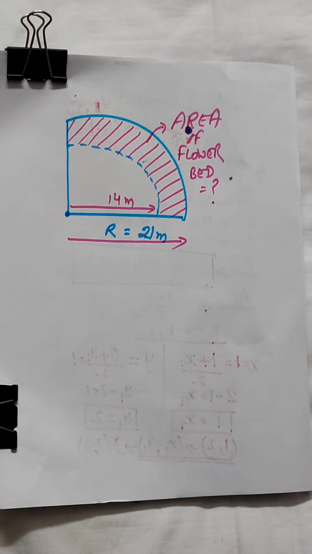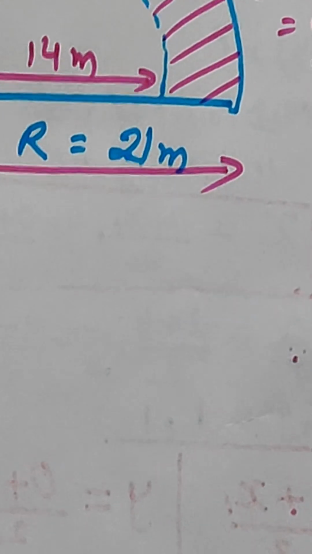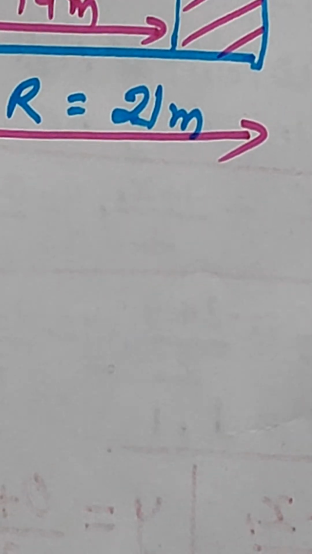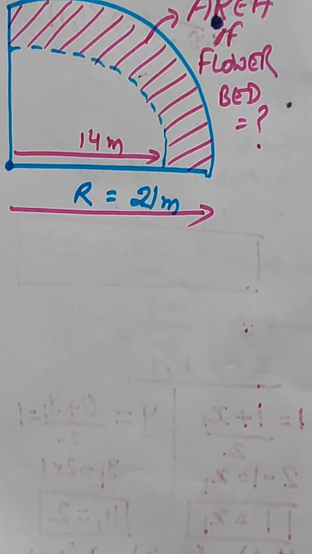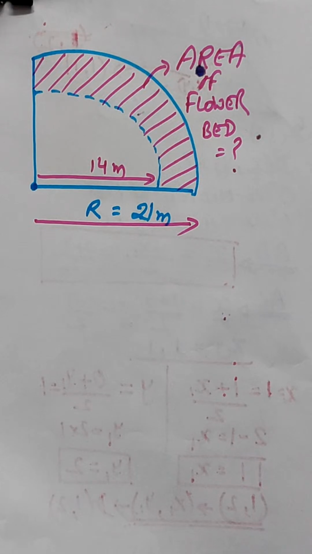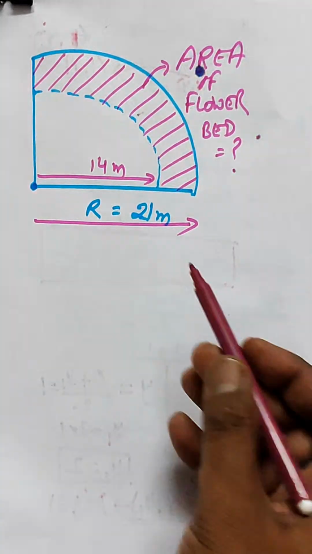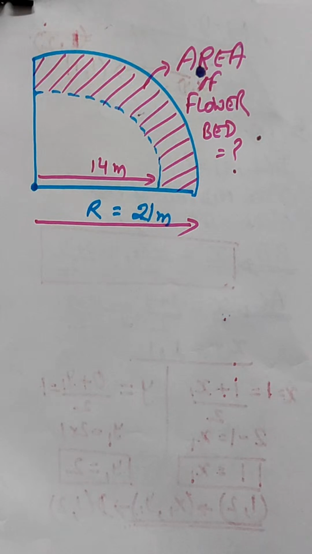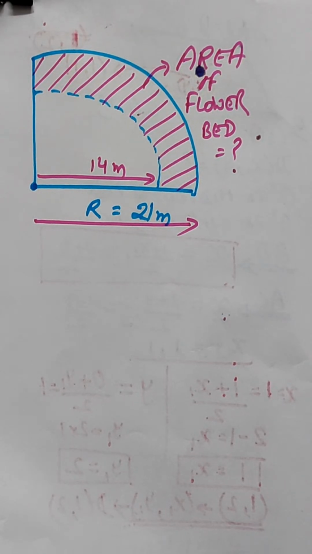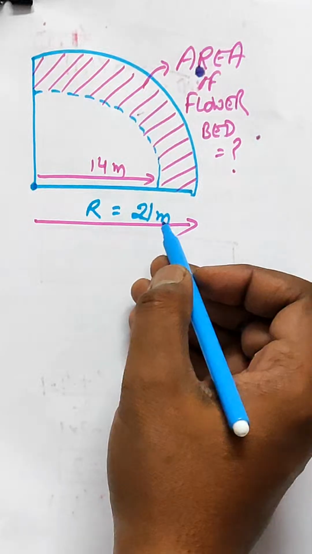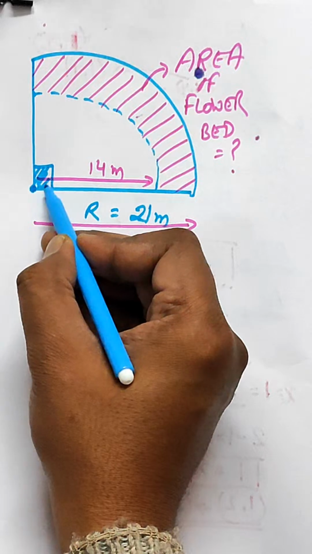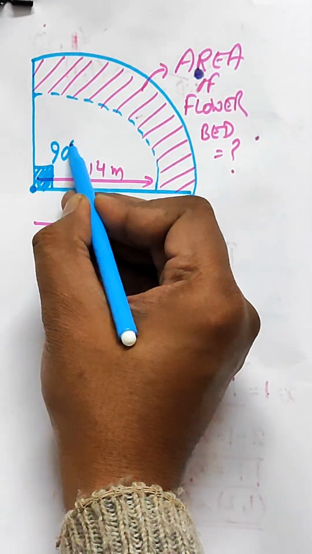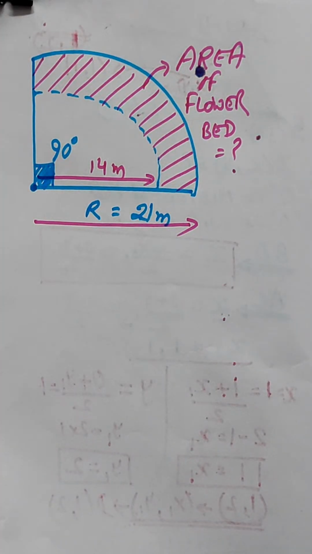So in this question, we can see the area of the flower bed, how to calculate it. For a flower bed, this is a sector and this is the 90-degree, as per the diagram.